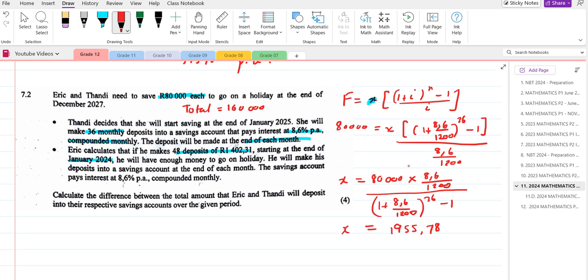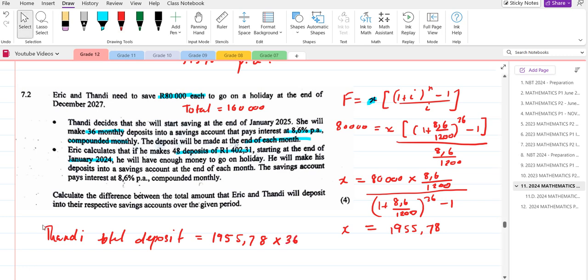So Tandi's total deposits are equal to 1955.78 times how many deposits she makes? 36.